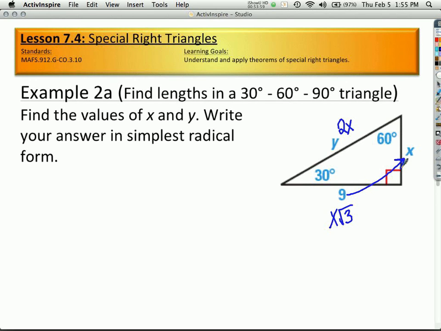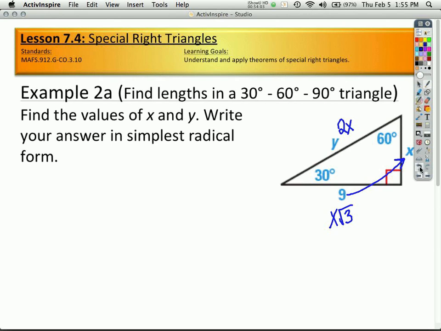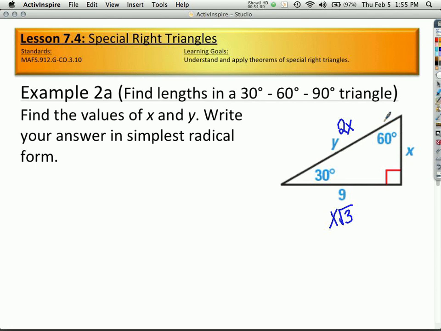Let me say it again, because I know some of you are struggling with the focus. If we establish the relationship, this is a 30, 60, 90, to go from the short leg to the long leg, we multiply by radical 3. What do you think we need to do if we have to go in reverse?